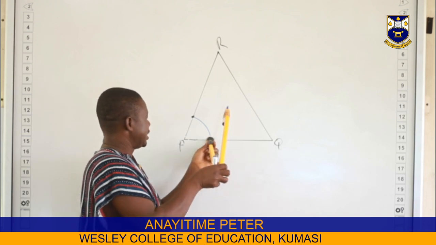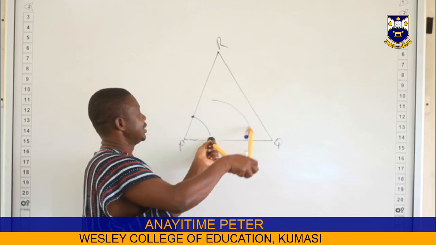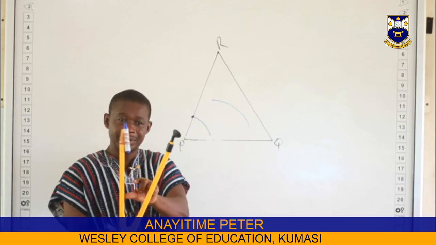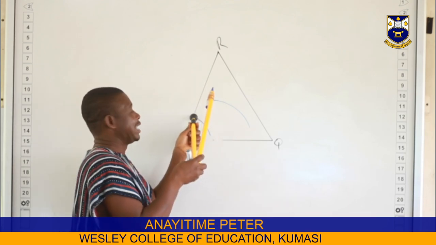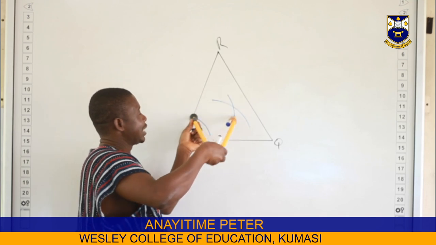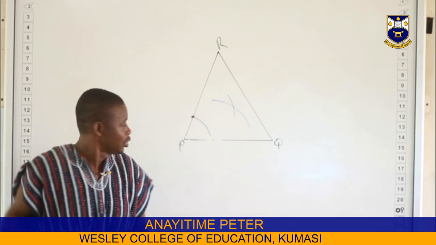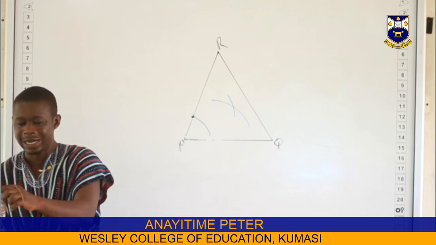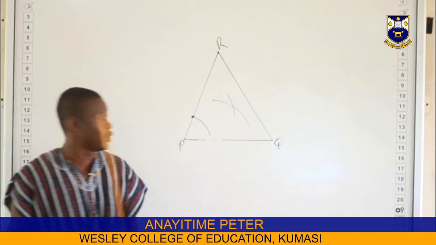You open it at a reasonable length, describe one arc there with the same measurement, put it at the other end, and describe another arc. We can see that the two arcs are meeting at a point.